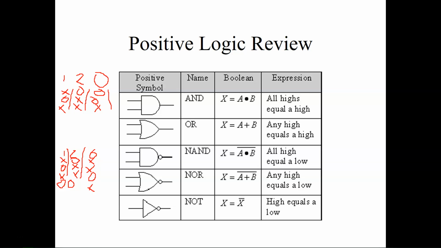Or you could even compare it almost to football. You have to have 2 teams to create the game. Make sense? So for NAND, you can think of it like this.